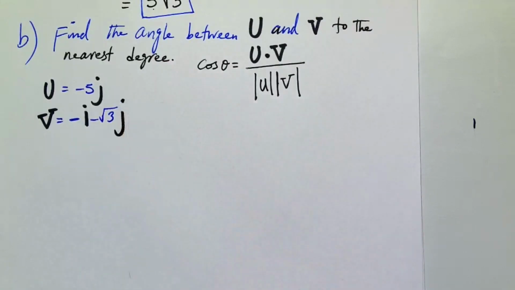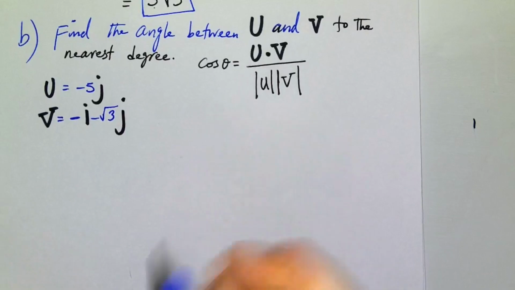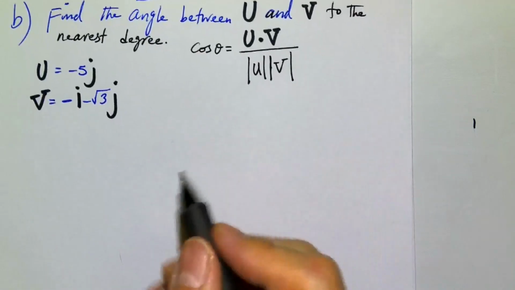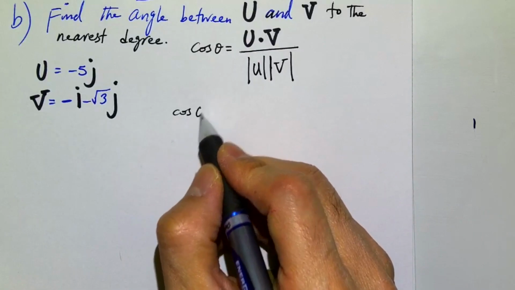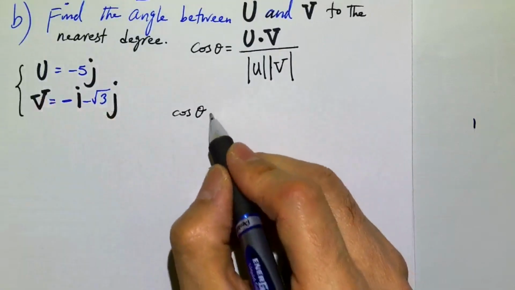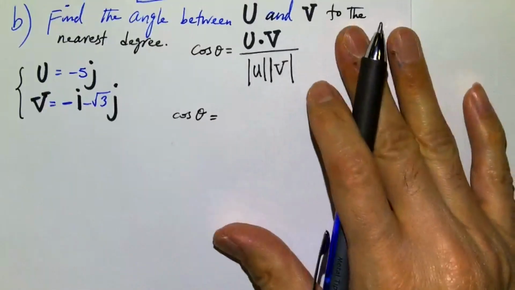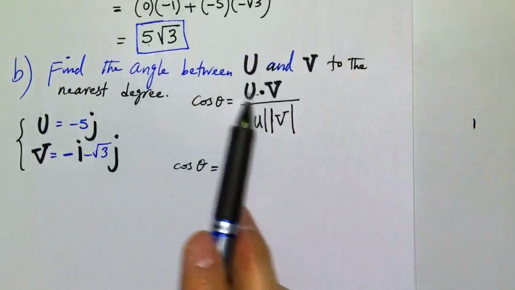Okay, so let's find the magnitude of these two and multiply them together. So we have cosine of theta equaling 5 square root of 3, right?